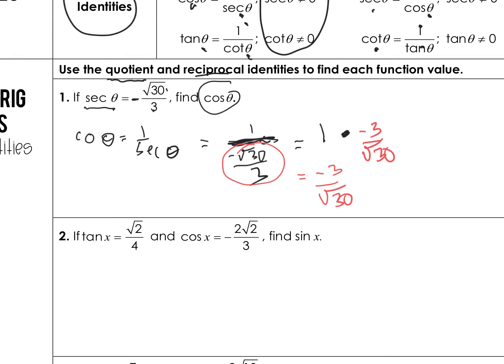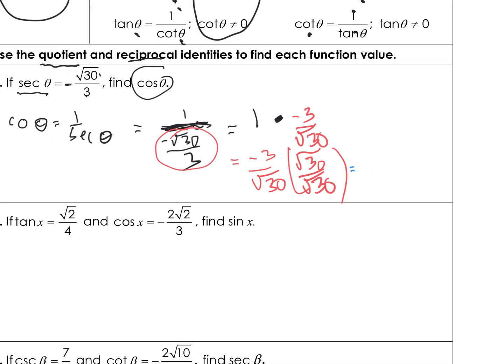Sometimes we liked it, but not today. So I rationalize the denominator, square root of 30 over the square root of 30, which is a 1. So all I'm doing is multiplying by a 1. But it allows me to say the answer is negative 3 times the square root of 30, all divided by 30. The 3 and the 30 reduce to negative square root of 30 all over 10.